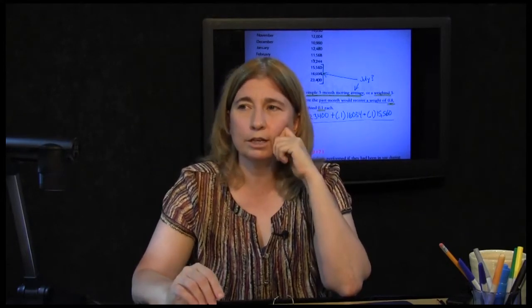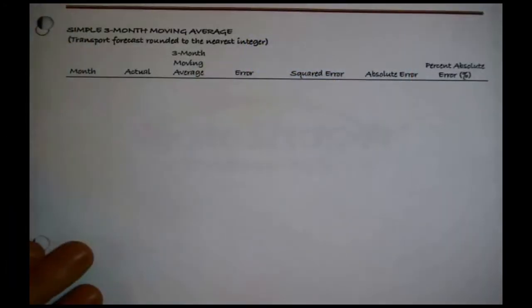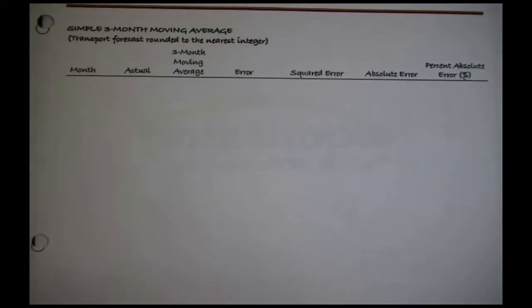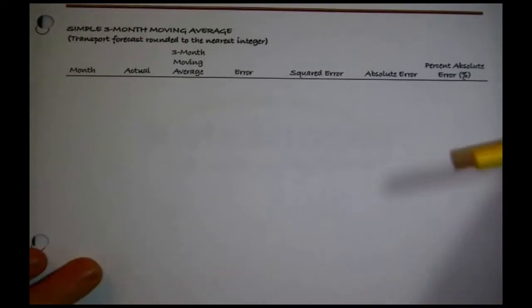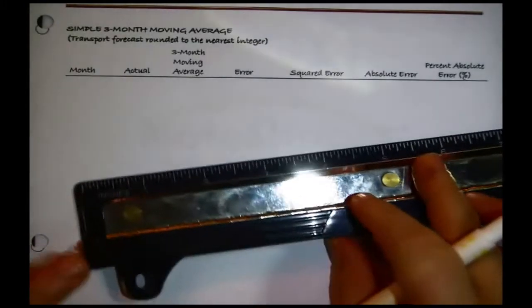We're going to need a lot more room for scratch work. That's why, if you have the note frame, let's start first with the simple moving average. There's just a lot of room in here to work. First off, I had better draw some lines so that I stay organized. There are 9 months of past data.